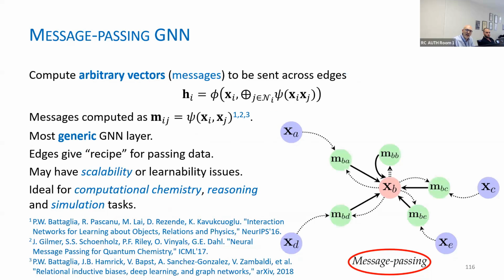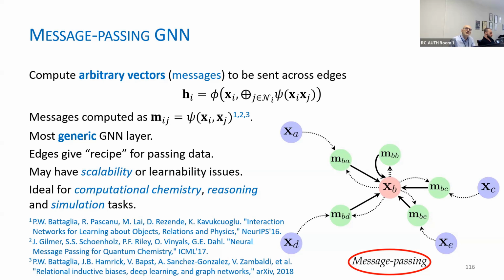method. And the last one is the message passing solution, where we can compute arbitrary vectors between two adjacent nodes. And so in that case, we are no longer constrained to have a scalar, but we can have a vector trying to model the relation between the two adjacent nodes.